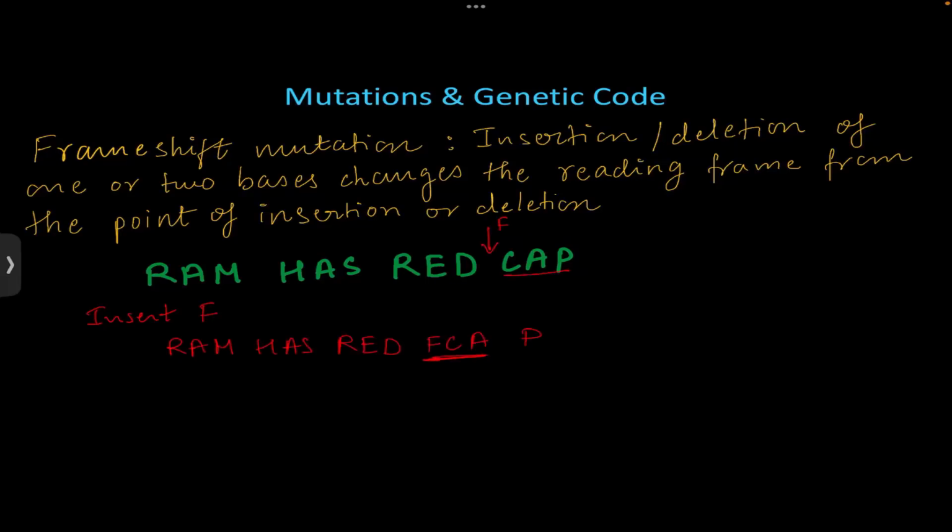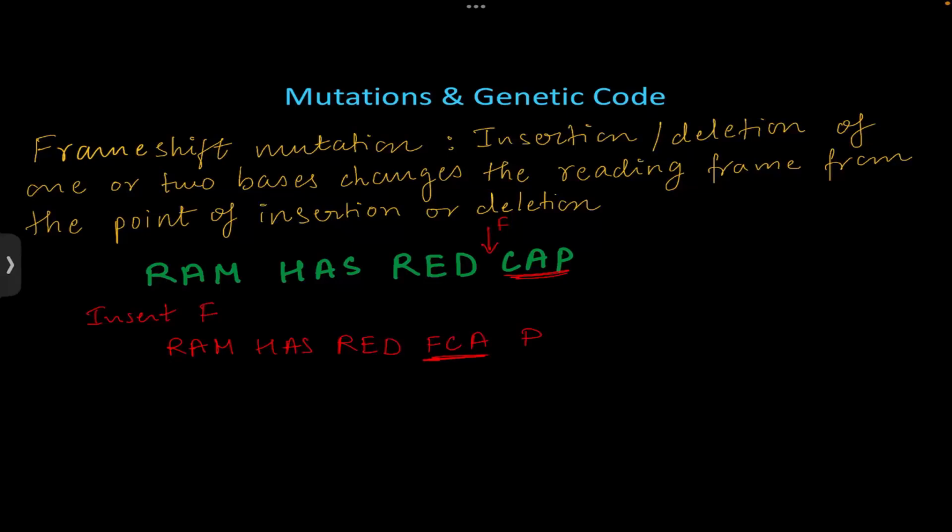The meaning of the sentence gets changed because of insertion of the letter F at any random point in the sentence. When we divide the sentence into three letters at a time, the meaning gets completely changed or doesn't make any sense.